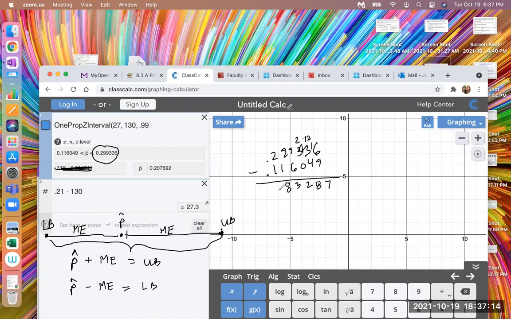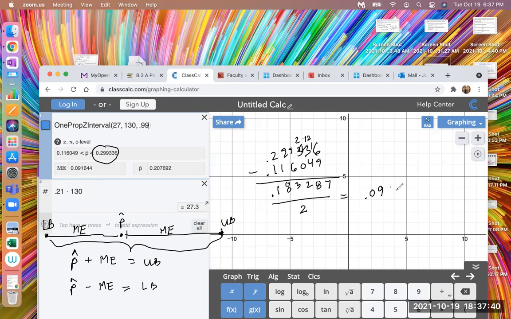So this is the distance, the full distance between the upper bound and lower bound. And I would divide this answer by 2, and you're going to get the 0.09. That's how you're going to get this middle number, this margin of error.